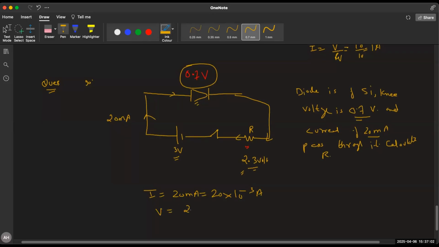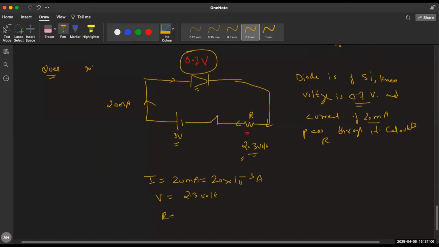Voltage across the resistor is 2.3 volt. So you can calculate resistance also. That is resistance V by I, 2.3 by 20 into 10 to the power minus 3 ohm. So this is the resistance here. So if knee voltage is given, that means this is the voltage drop across the diode. Do it.